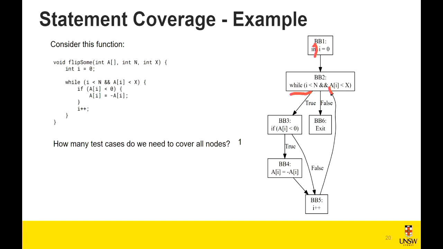This simple small program is trying to flip the value of some negative values of a given array or list. The number of values to be flipped is decided by this variable n here.